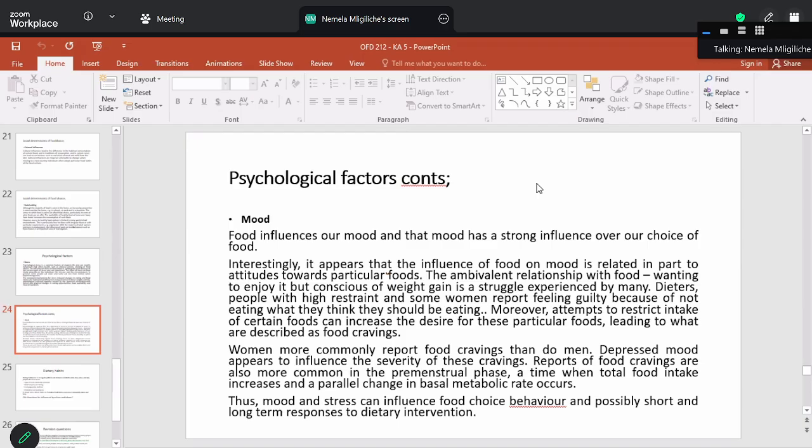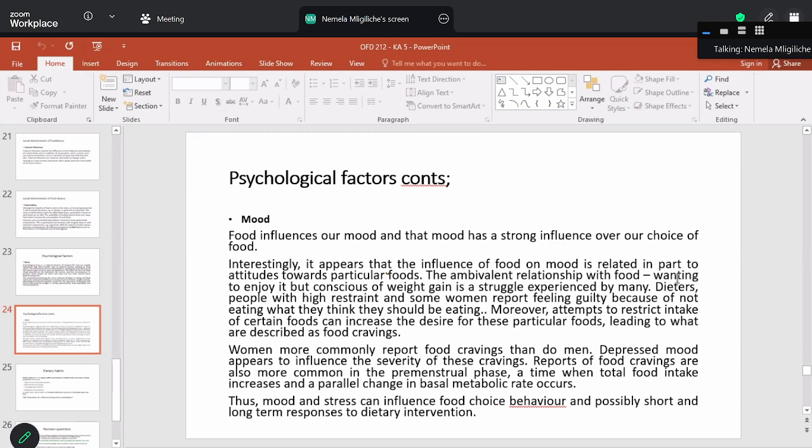And interestingly, mood can cause someone to eat less food, or mood can cause someone to overeat. It depends, and it's different from one person to another.